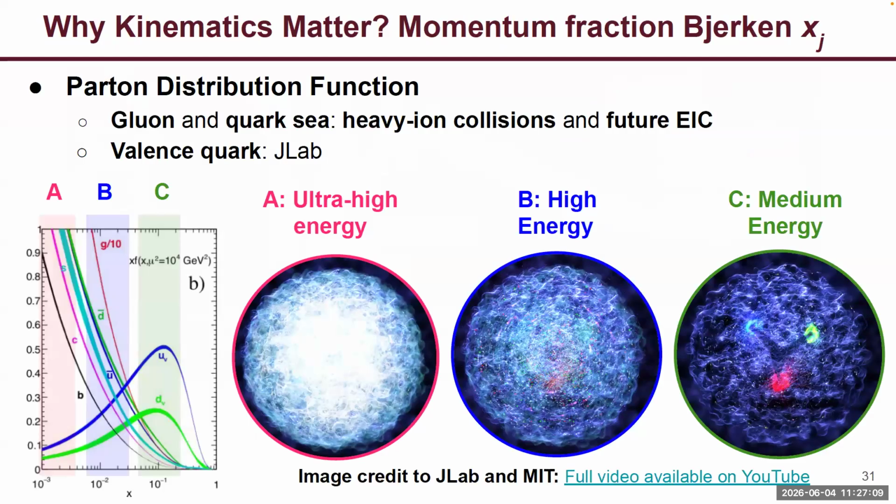And of course, the Bjorken x is very important. I'm sure that some experts talk about that. Depending on where we're probing in Bjorken x, your proton structure will look completely different. It can look completely like a gluon fusion, or a soup of gluons, or you could have a medium energy where you have a hint of a valence region, or at Jefferson Lab, the valence quark region.